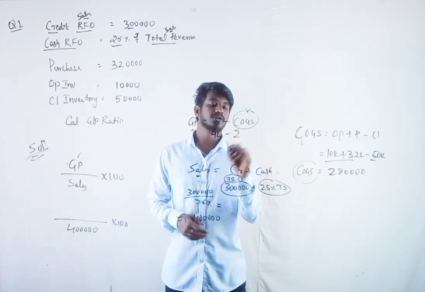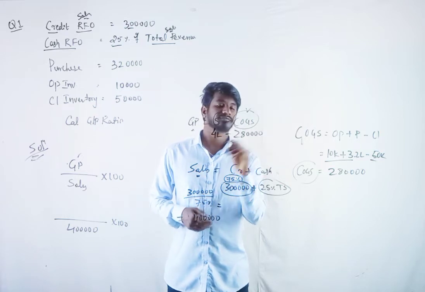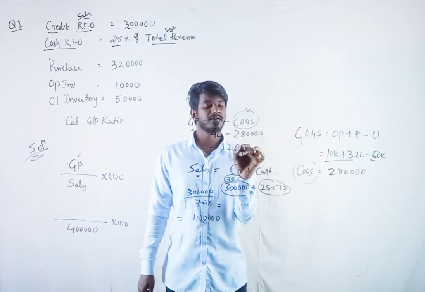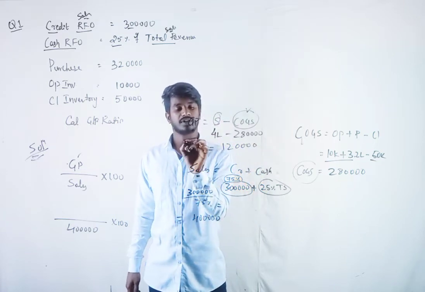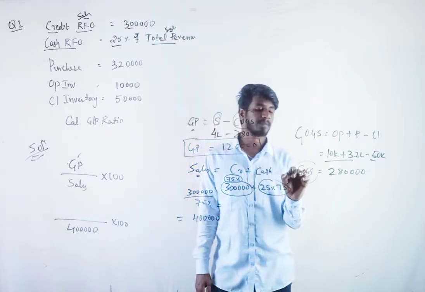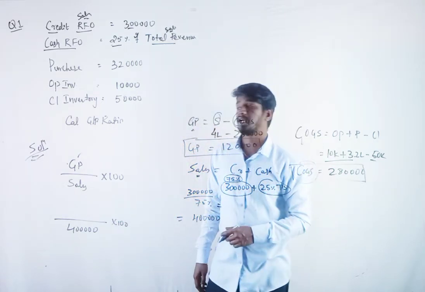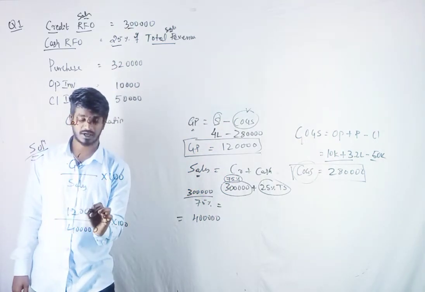If we minus cost of goods sold from sales, 4 lakh minus 2 lakh 80,000, we get 1 lakh 20,000 gross profit.